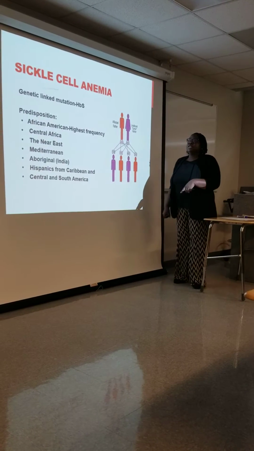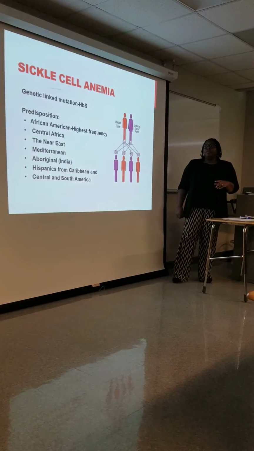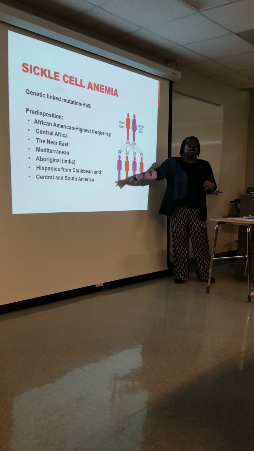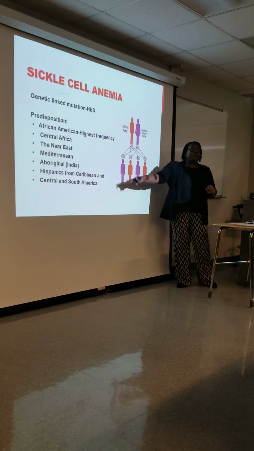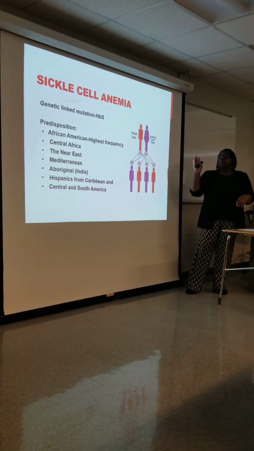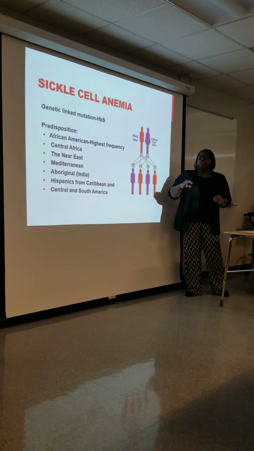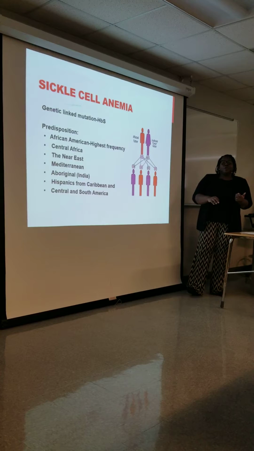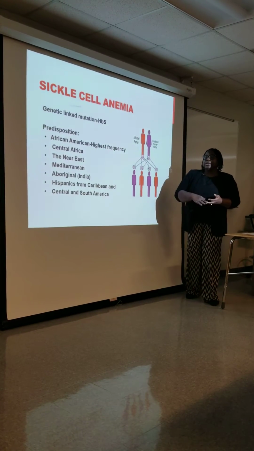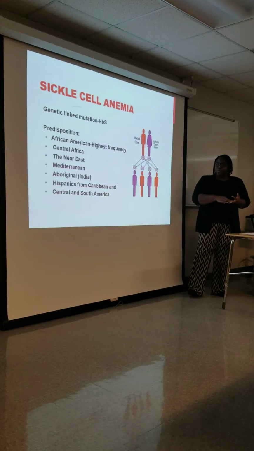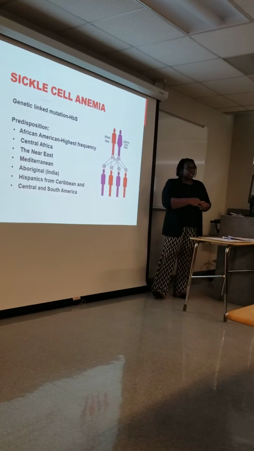So it's really high in the African American population, but as you can see, there are a lot of different ethnicities that are predisposed to the disease as well. African American is the highest, but you also have a high concentration in Central Africa, the Near East, the Mediterranean, India, Hispanics from the Caribbean, and Central and South American countries as well.